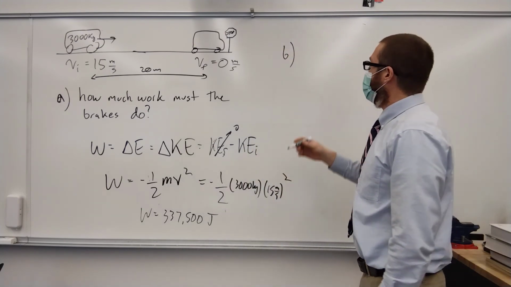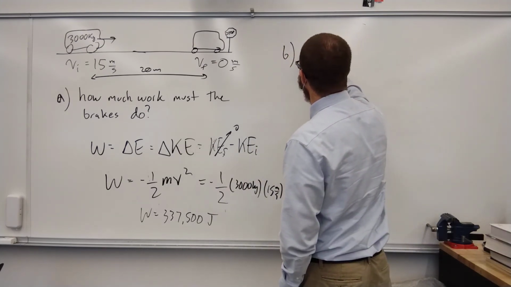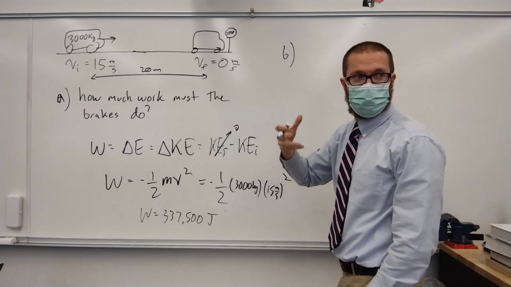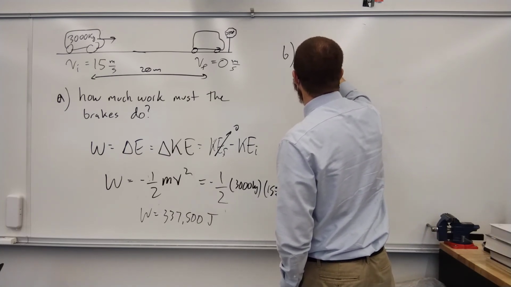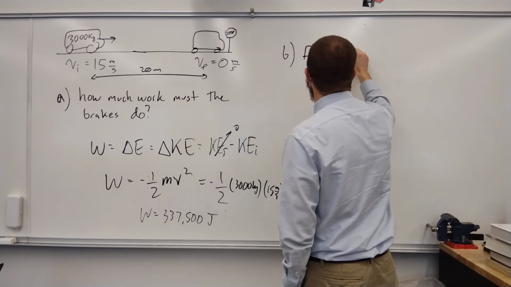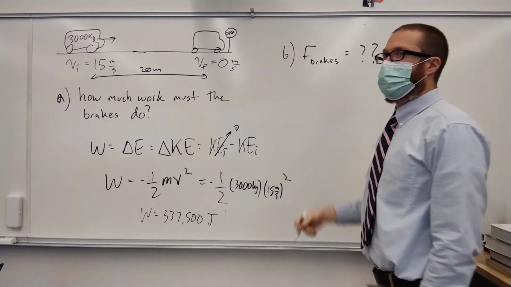Now, if I want to take this a step further, I would say, all right, how much force must the brakes apply? This is kind of the reverse of the last problem.